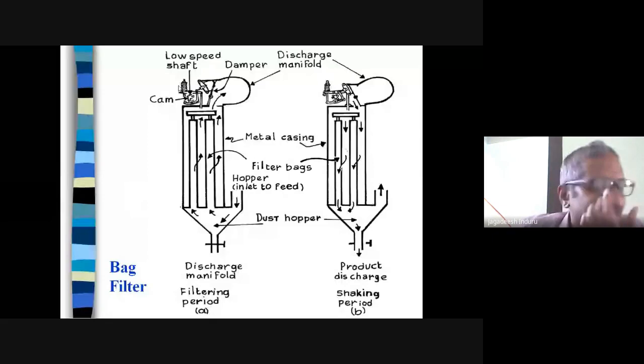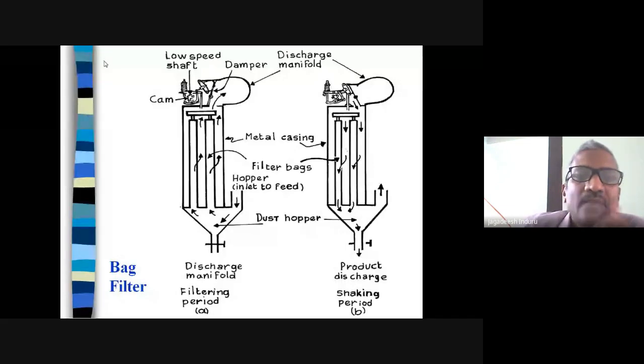You can allow the air to go out, or let external air come in; in both cases you can do it. That is this cam arrangement, the damper, which closes and acts like a gate here.